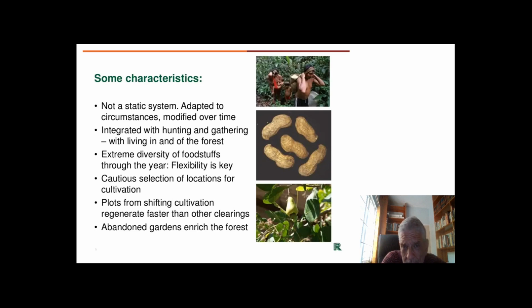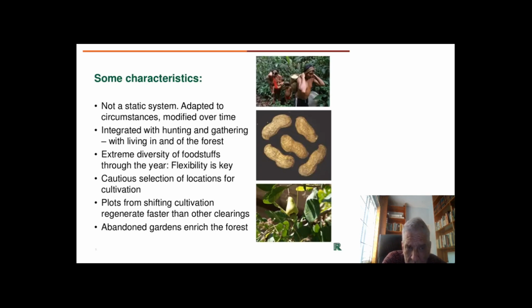So, what are the characteristics of shifting cultivation? It's not a static system, and it's adapted to the circumstances and modified over time. With shifting cultivation, people adapt according to the changes in the environment. So it's very adaptable, and it's integrated with hunting and gathering.